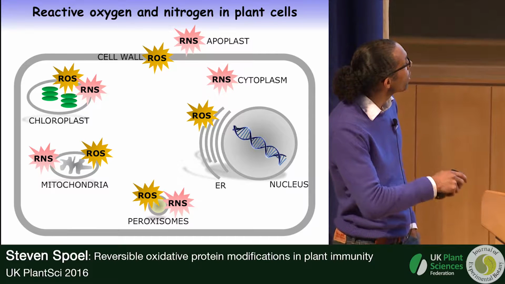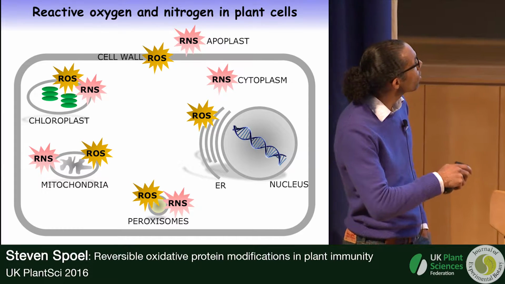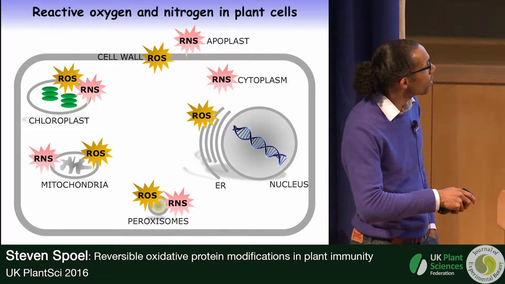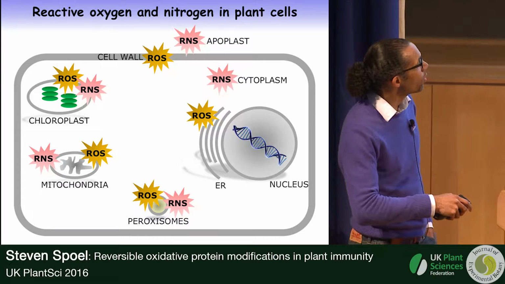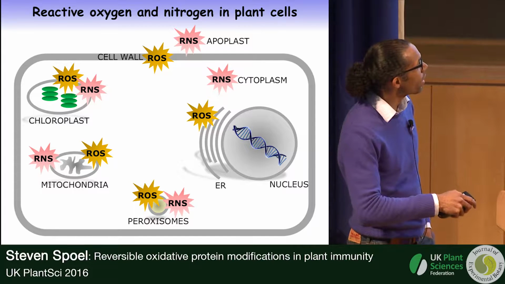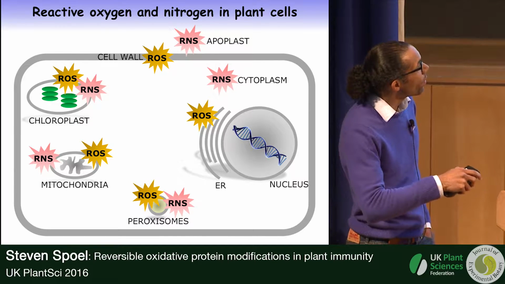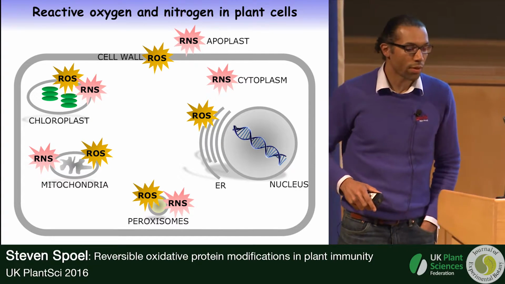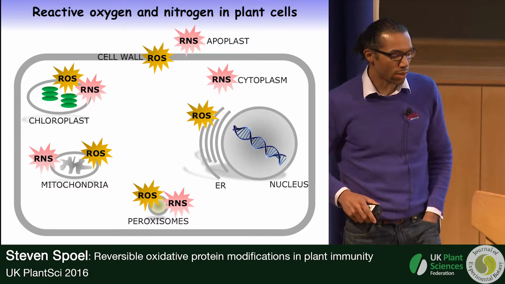The respiratory chain in mitochondria is a strong producer of ROS. The peroxisomes, a lot of metabolic processes contribute to the production of ROS and RNS. And even the ER and the cytoplasm are sources of accumulation of these different reactive species.